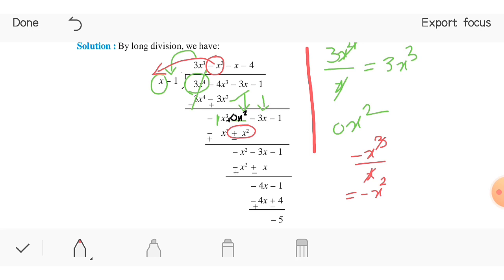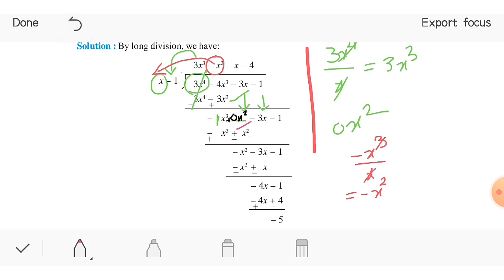Now after simplification, what do we get? When we do simplification we have to check whether the symbols are different or not. If they are not different, we have to change the symbol. Here this is a minus symbol, so I have changed it to plus.